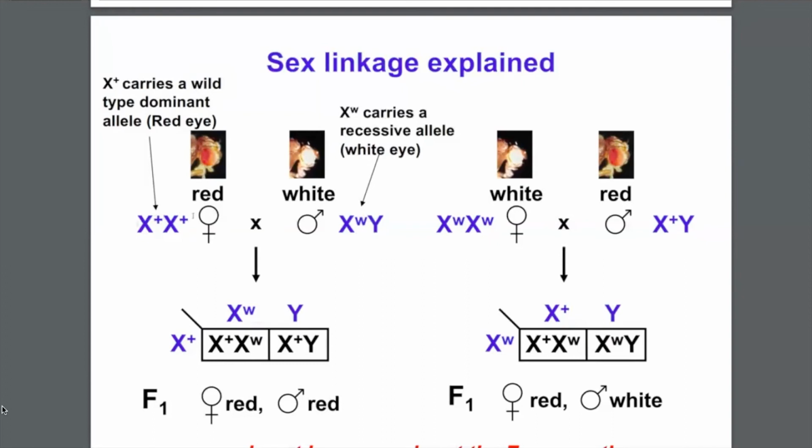So if the dominant allele is the red eye, had we had this X plus and an XW, a plus over here, a dominant, and a W, which is recessive, it would still display the red, in much the same way that if we had a big A and a little a, it would still display whatever the phenotype of the big A is.